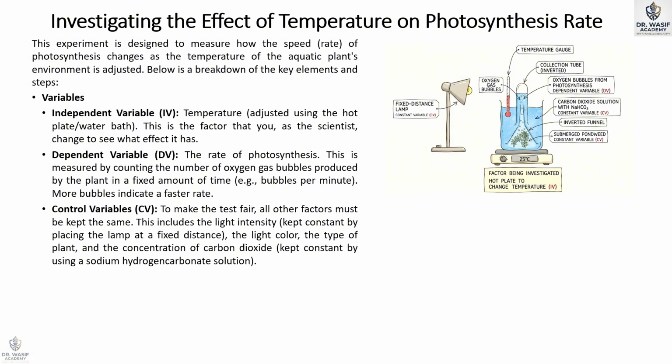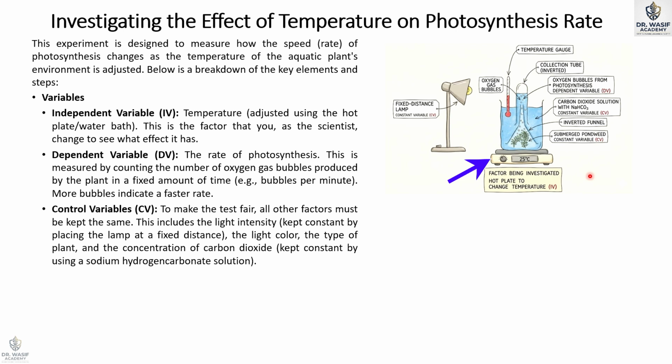So in this setup, when we investigate the effect of temperature, we shall keep temperature as the independent variable. We shall use a hot plate or a controlled water bath to systematically raise the heat for each trial.